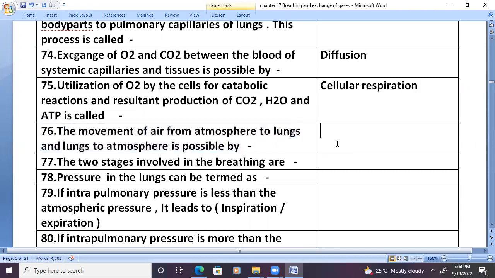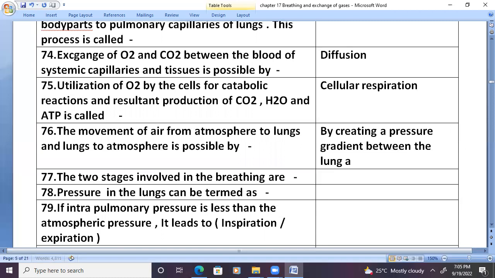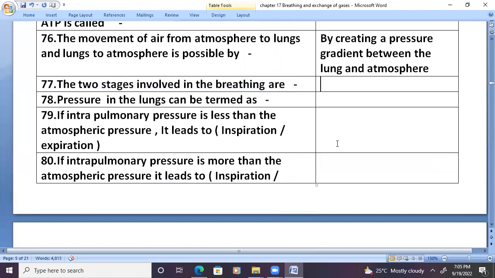The movement of air from the atmosphere to the lungs and from the lungs to the atmosphere is possible by creating a pressure gradient between the lung and atmosphere. The two stages involved in breathing are inspiration and expiration.